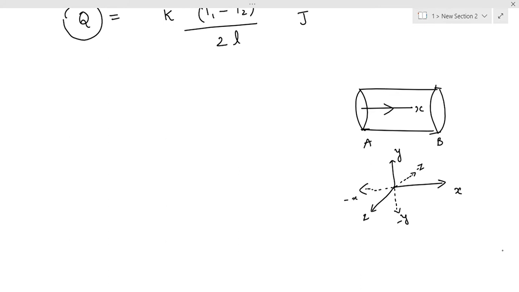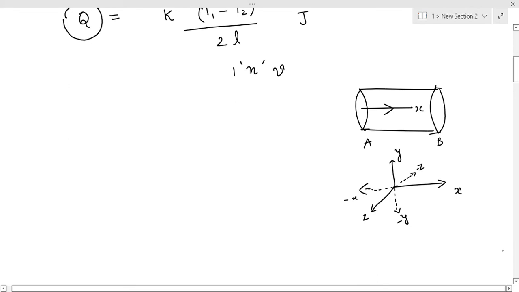Now, how many electrons are there? Let us take n number of electrons in the metal rod moving with the thermal velocity v in any one among the 6 directions, positive xyz and negative xyz.